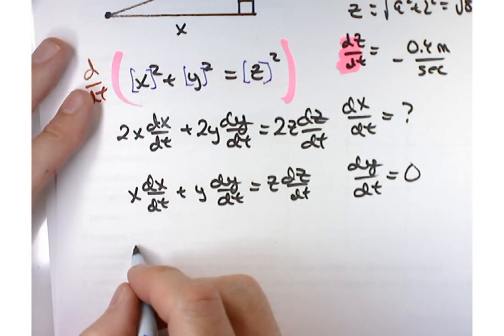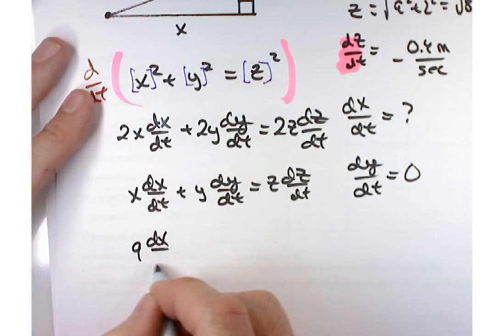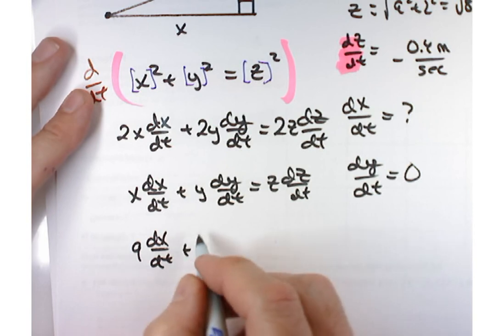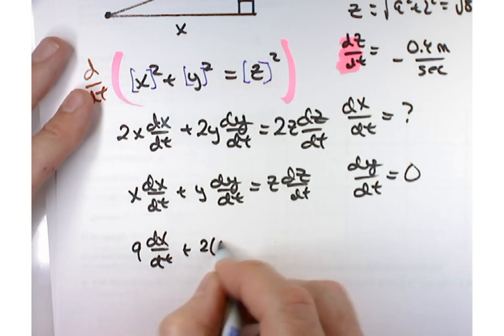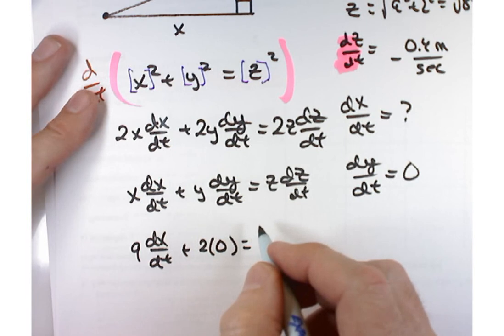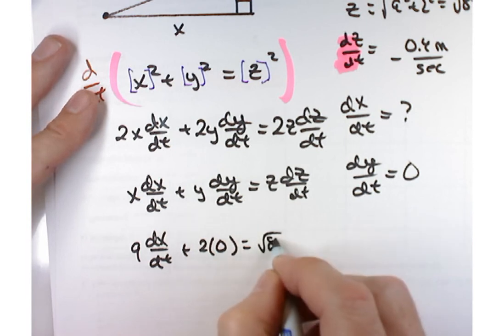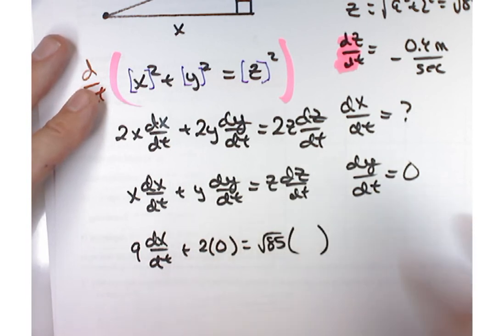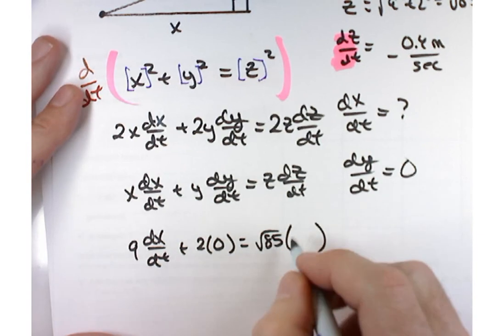We want to know what dx by dt is, but we know what x is. X is 9, dx by dt, plus y, which was 2, times 0 equals z, which was square root of 85, times negative 0.4.